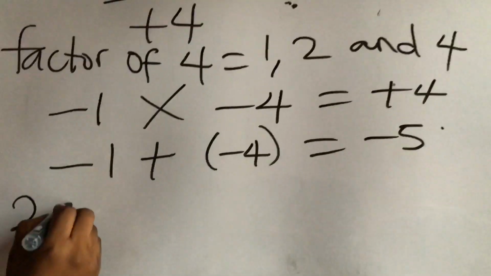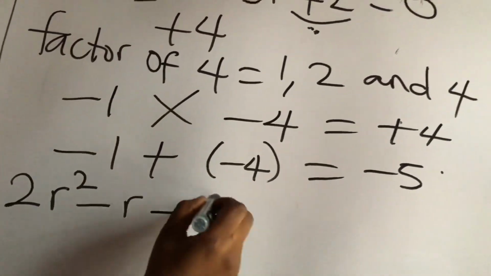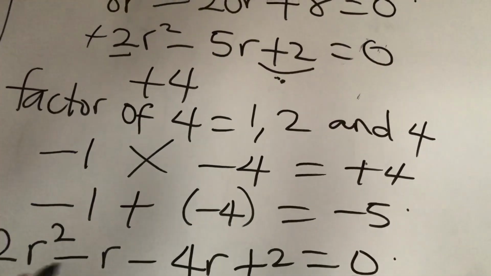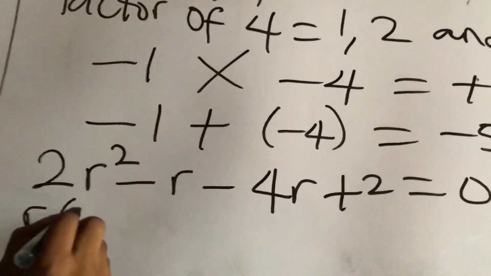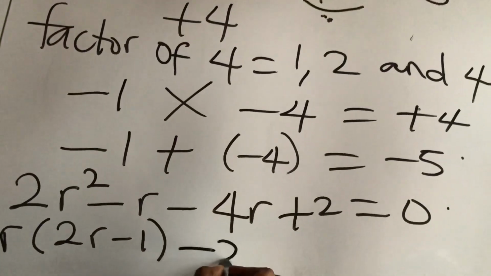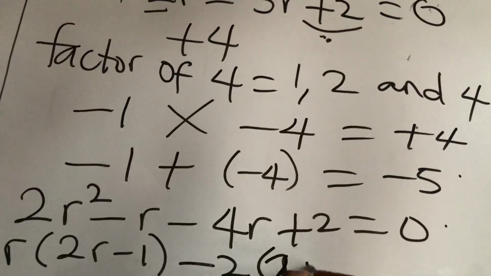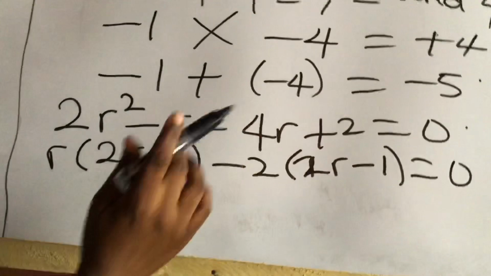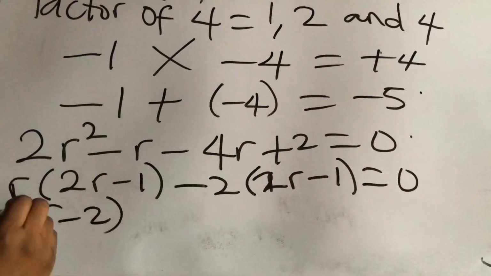So this equation becomes 2r squared minus r minus 4r plus 2 is equal to 0. So here, factorize r out, we have r(2r minus 1), then minus 2, we are left with 2r minus 1 is equal to 0. If you multiply it, it must give you this back. So then take r minus 2, bracket it.